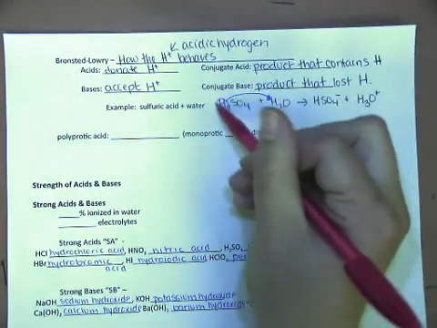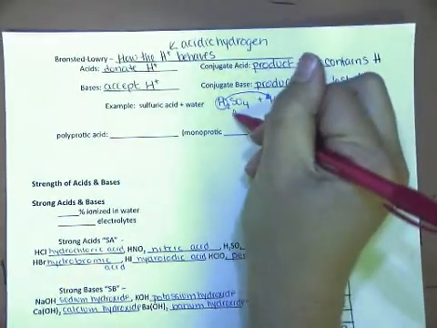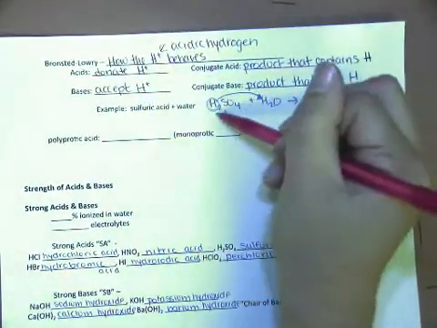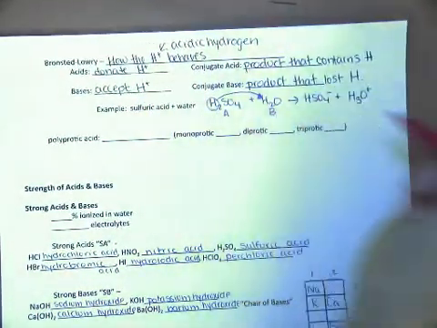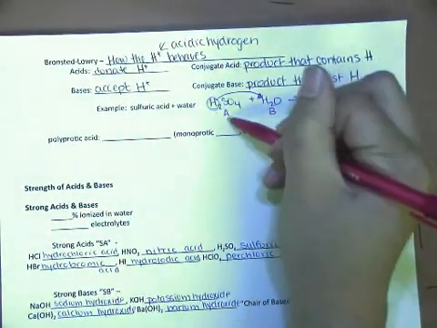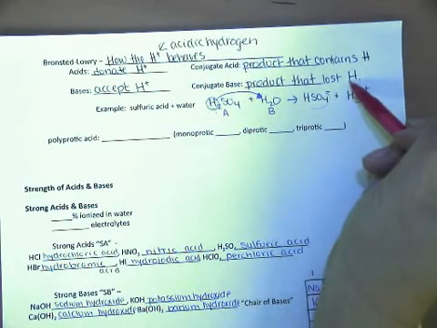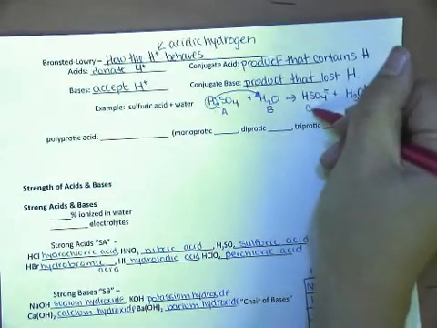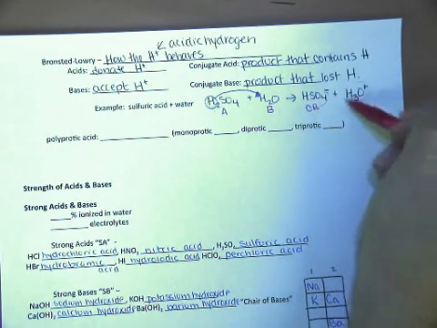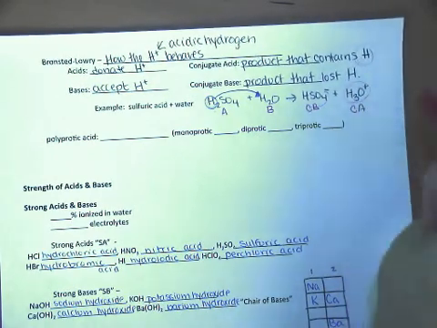So sulfuric acid lost the hydrogen. That makes it my acid. Water accepted the hydrogen from sulfuric acid, so that makes it my base. The product that lost my hydrogen is a conjugate base. And the product that gained my hydrogen is my conjugate acid.